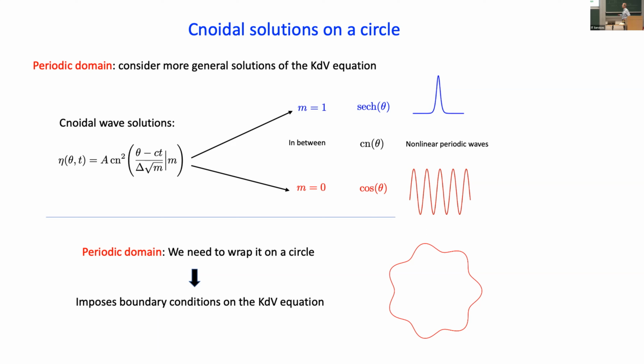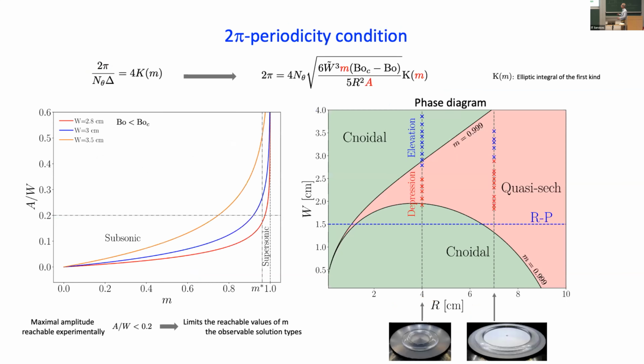This imposes a boundary condition on the KdV equation: the 2π periodic condition is just this one, where n is the number of solitons, delta is the width of the soliton, and this is the period of the cnoidal function, where K is the elliptic integral of the first kind. This periodic condition leads to this condition, which links the amplitude with this elliptic parameter.